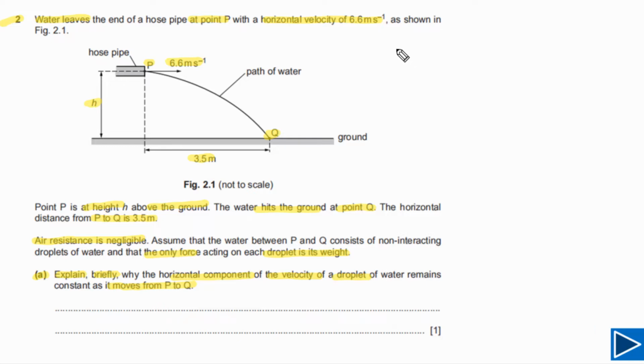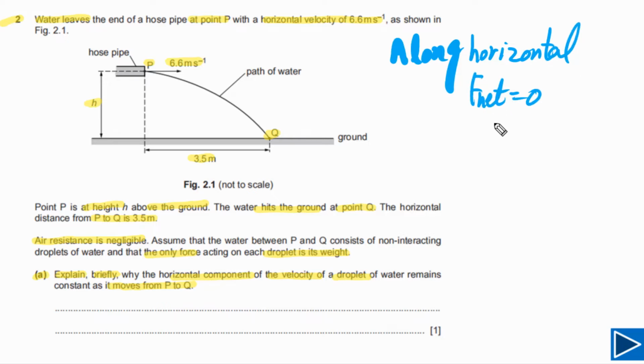So along horizontal, there is no net force acting. So F net is equal to 0. So it simply means that a is equal to 0. Horizontal acceleration is 0. So it means that delta v is equal to 0. So that's the reason the horizontal component of velocity remains constant, because there is no force on the droplet of water in horizontal direction. So that's all we need to write down.